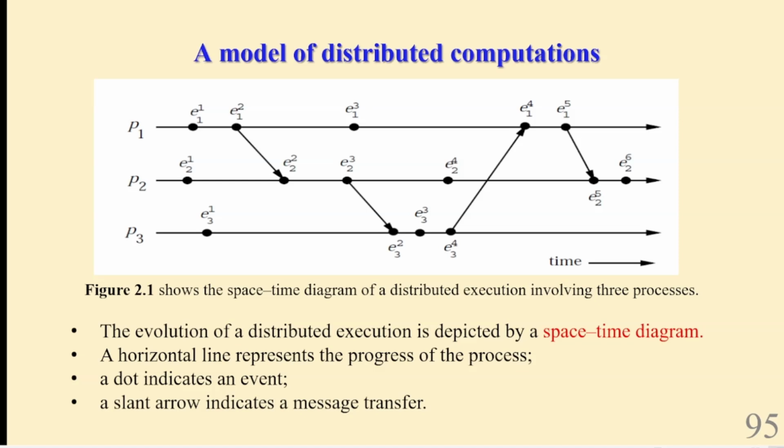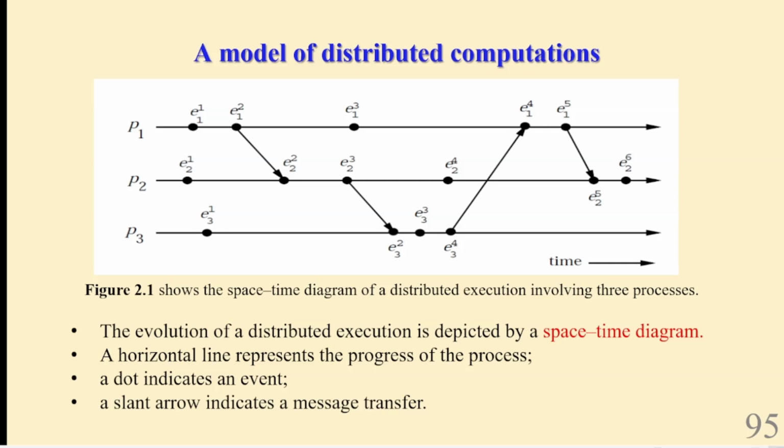Okay, this is our space-time diagram. As you can see here, this is used to represent the distributed execution. As I told you before, you can see P1, P2, P3. These are the processes, and in each of those processes, you can see there is an event. First event 1 will occur. Look at process P1. First event 1 will occur, then event 2 will occur.